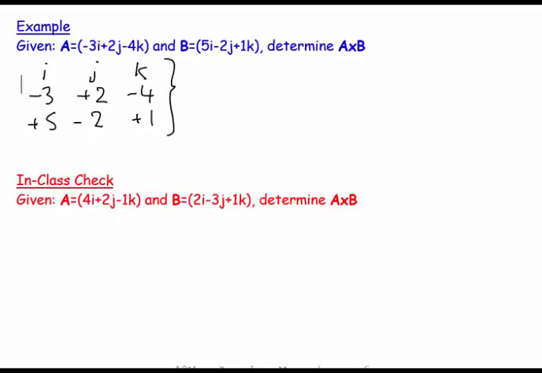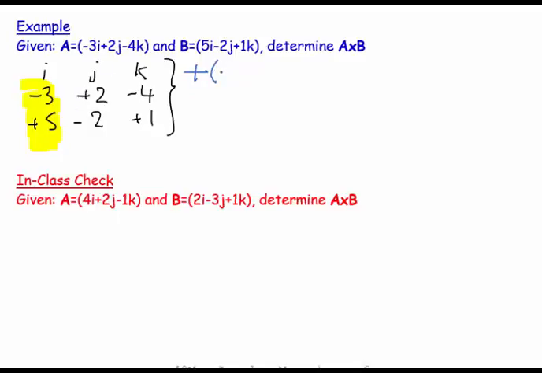I wish you could see my fingers, because at this point my finger goes over the I column, and I can't really do that. So what I'm going to do is use that to show the effect. My finger is over the I column, and then I'm going to say this is plus, and I'm going to cross multiply.